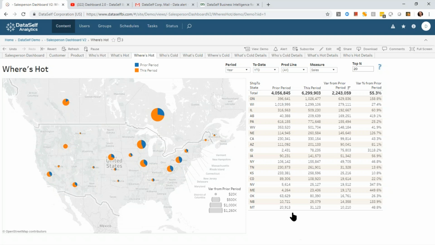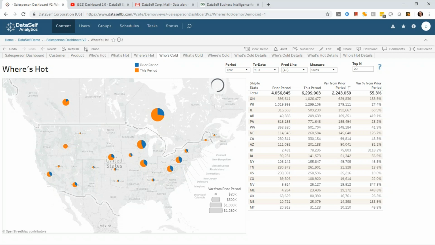So sometimes looking at the hot performers is a way to get inspiration to see what else you can do with the not so hot to help them be more successful. So that's part of the story that the who's hot, what's hot, and where is hot can give you.